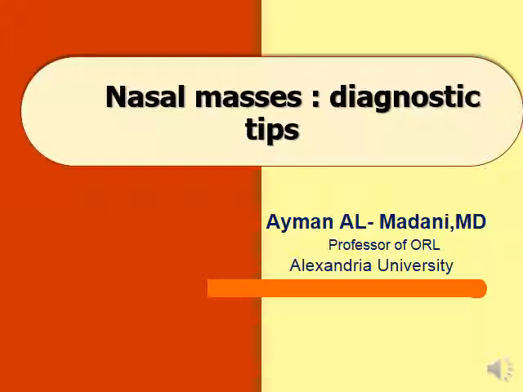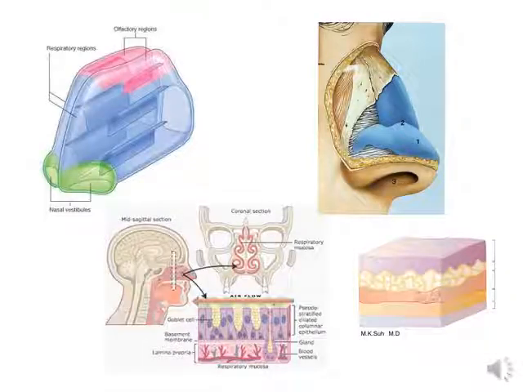Today we are going to talk about nasal masses, the diagnostic tips, how to reach a preliminary diagnosis of a nasal mass. You can see here that the nose and the paranasal sinuses have different types of structures.